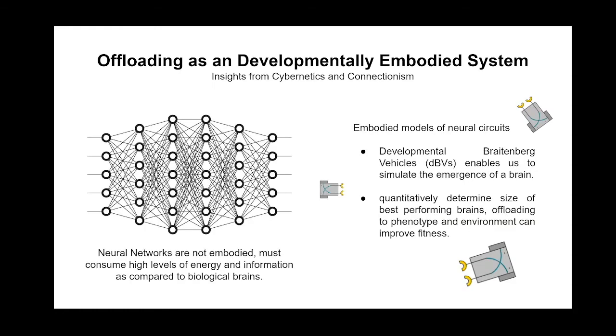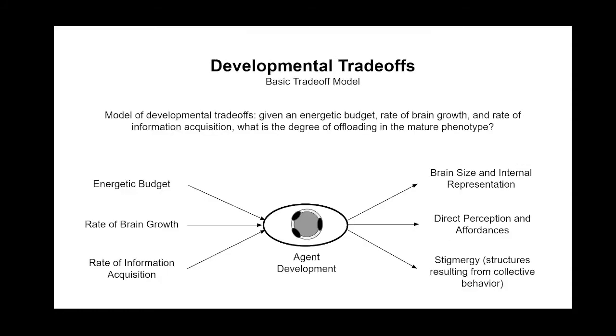We can also take insights from cybernetics and connectionism and look at embodied models of neural circuits. So we can take neural circuits, put them in an embodied agent, and achieve similar things to what we were showing in the last slide. Then there are these developmental trade-offs. So developmental trade-offs allow an agent to emphasize different aspects of their development at the cost of other things in their development.